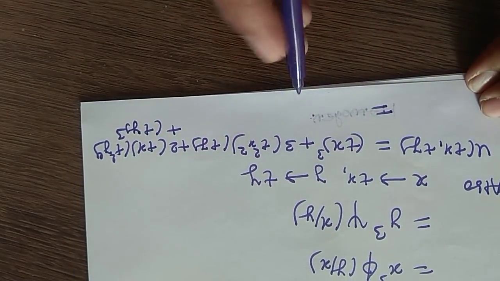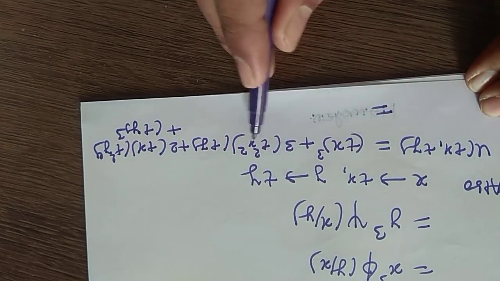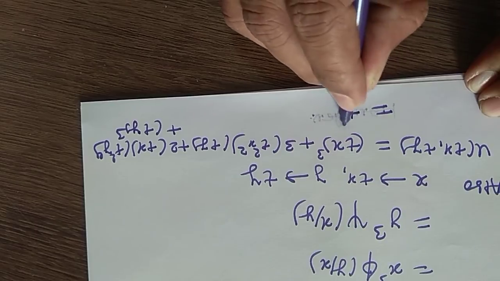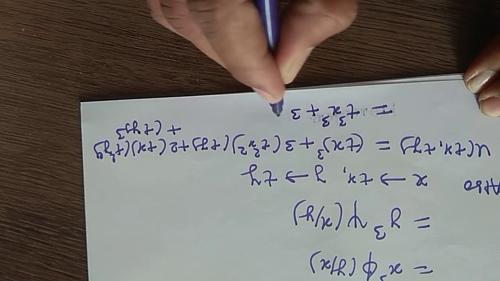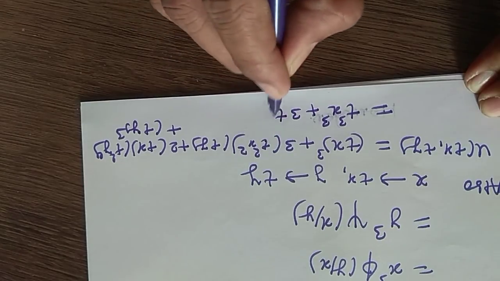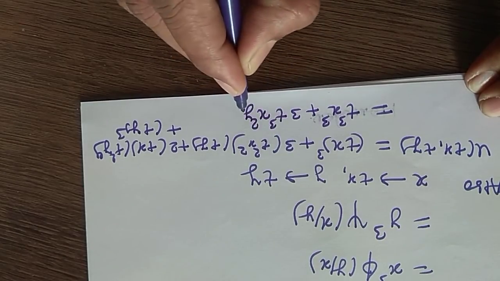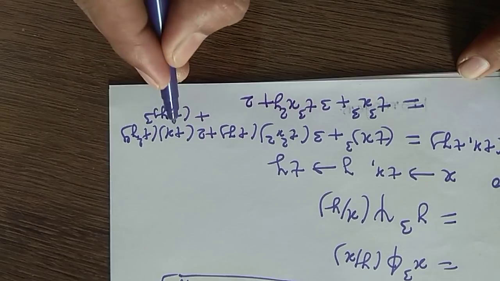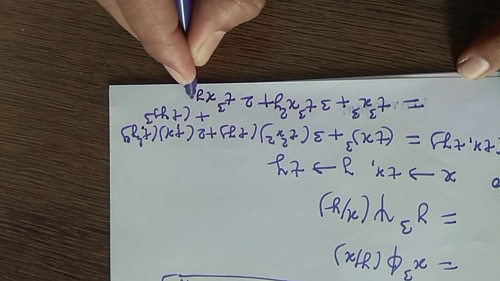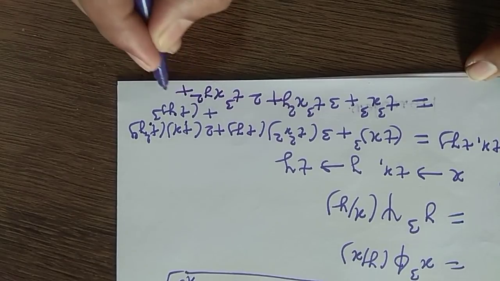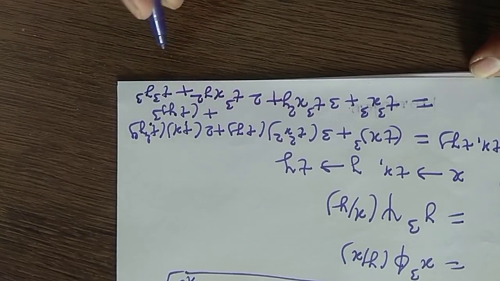This is t cube x cube plus 3 into t square and t gives t cube x square y plus 2 into t and t square gives t cube into x y square plus t cube into y cube.